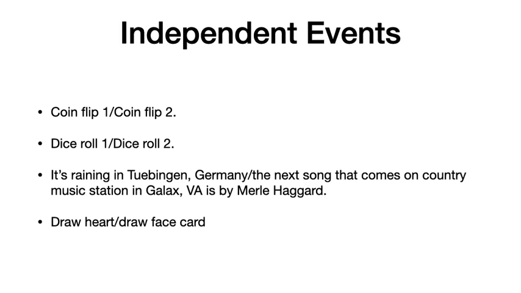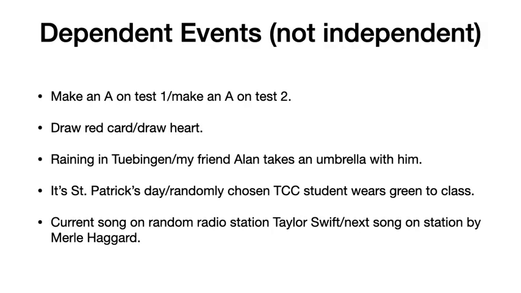Here are some events that are not independent. And events that are not independent are much, much, much more common than independent events. You can call these dependent, but all we're getting at is not independent. Make an A on test 1, make an A on test 2, right?